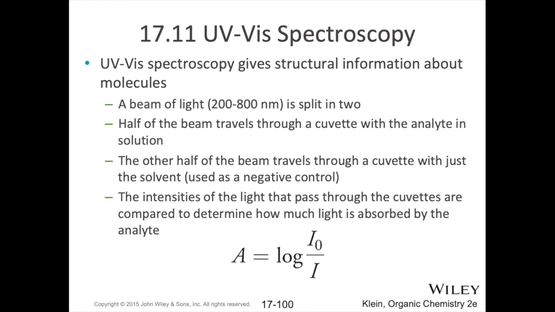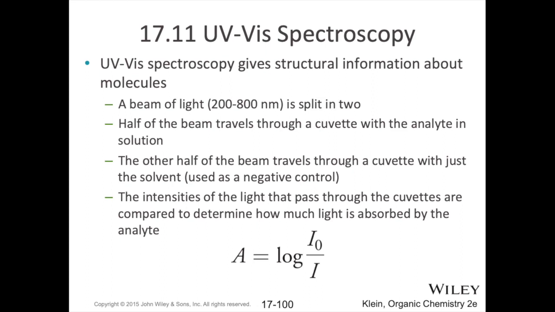Okay, so how does UV-vis work? Basically, you take a beam of light, and you know what the wavelength is, and therefore the energy is, or the instrument does at least, and it splits it into two smaller beams. The detector measures the two beams and compares them.